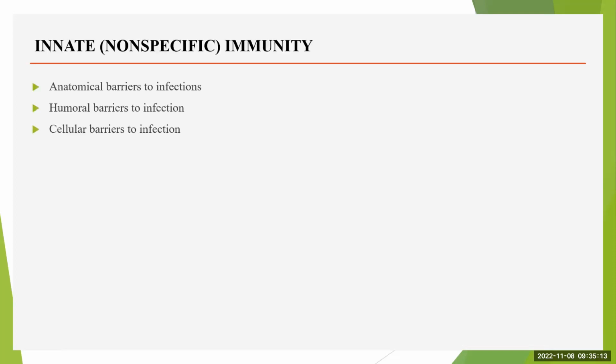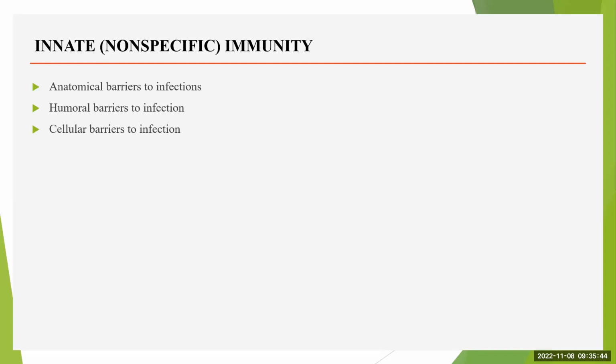Very, very important. Now if we delve in and look at the innate immune system, we will find that it is composed of anatomical barriers, humoral barriers, and cellular barriers. We'll go through each of these one by one, just giving a brief description of what it entails.